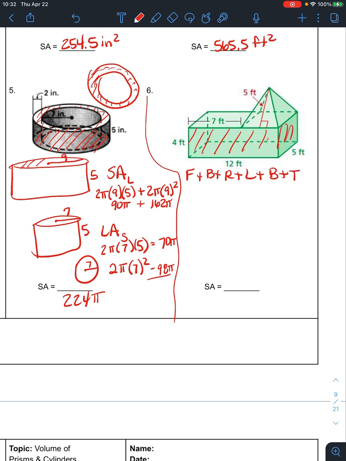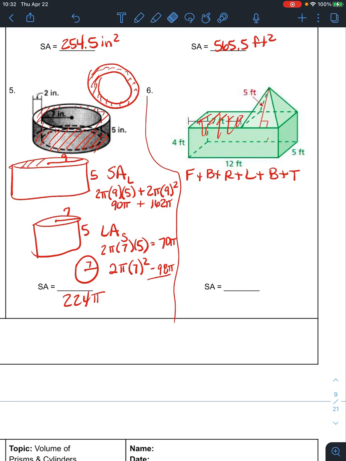That would give you all of this, and the back piece and the bottom piece. So you would have all of that to paint. And then you would have your 4 triangles. So you can do it that way. There are so many different ways you can do it. You could also do the lateral area of the prism.